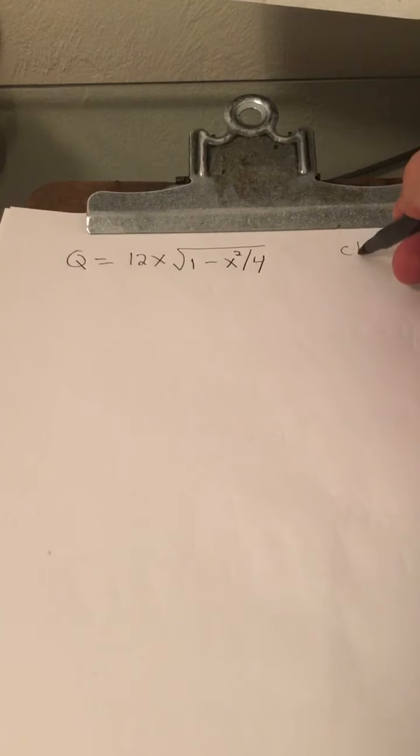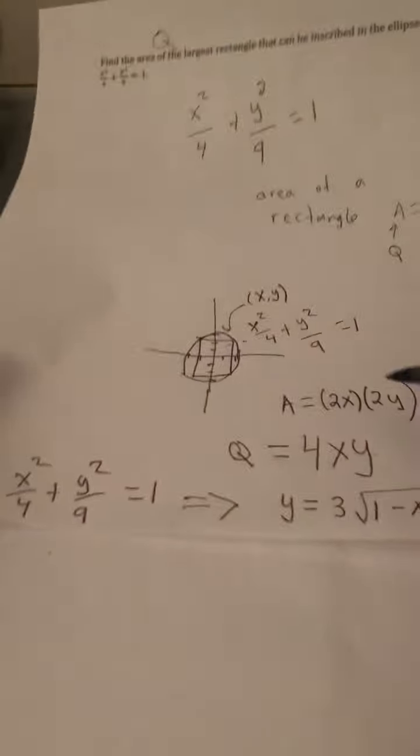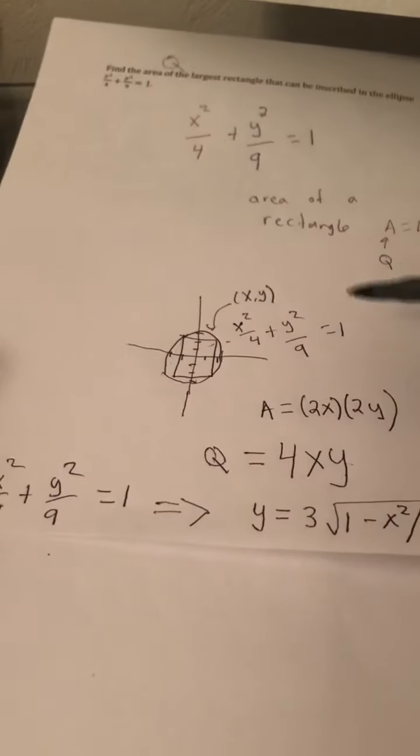So think of this as using the closed interval method. We technically have to check the endpoints, but the endpoints for this problem, as you might imagine, are not going to give us our solution.